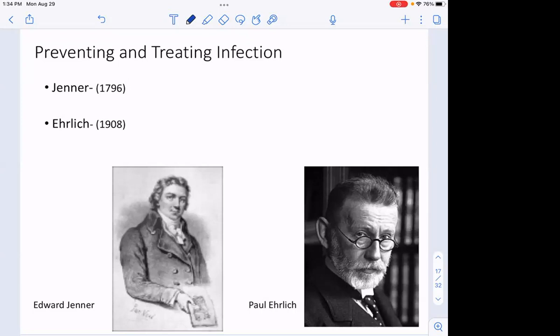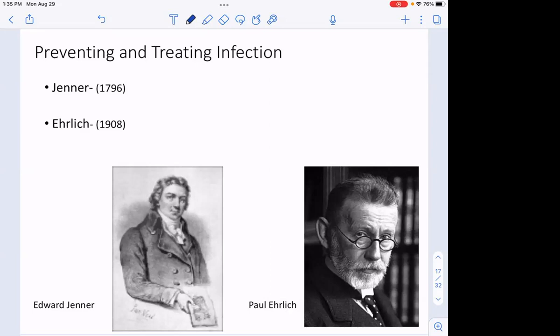Not exactly. And then a couple weeks later, he actually took the scabs from somebody with smallpox and injected them into that same boy, or cut them into the skin. He didn't get smallpox, so it became this vaccination, vaca, cow, from a cow, and became a very common practice. Vaccinations are way safer now than they were then. There was a much higher chance of getting some secondary infection back then.